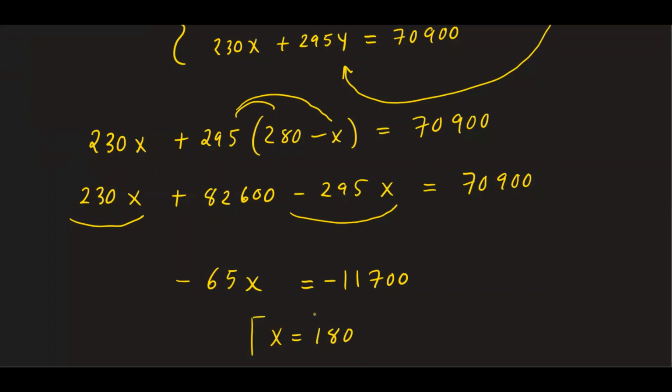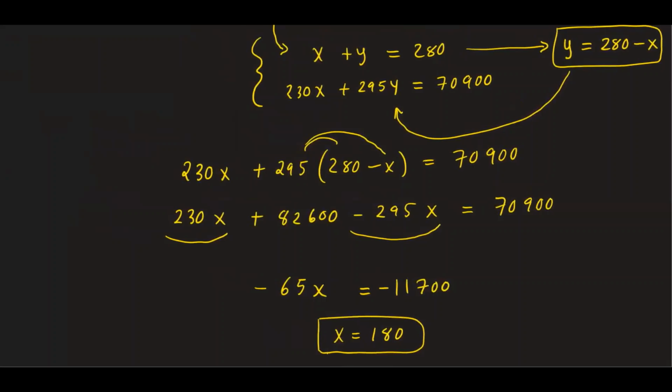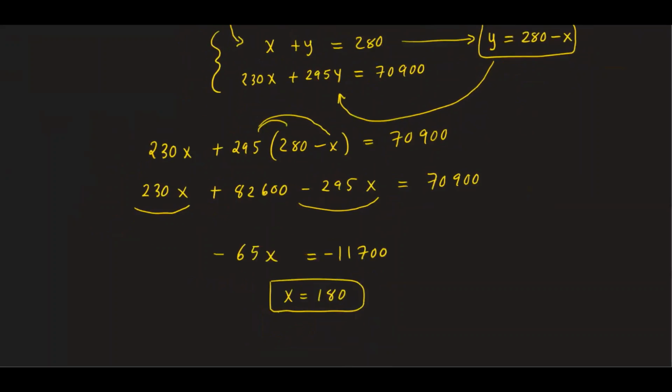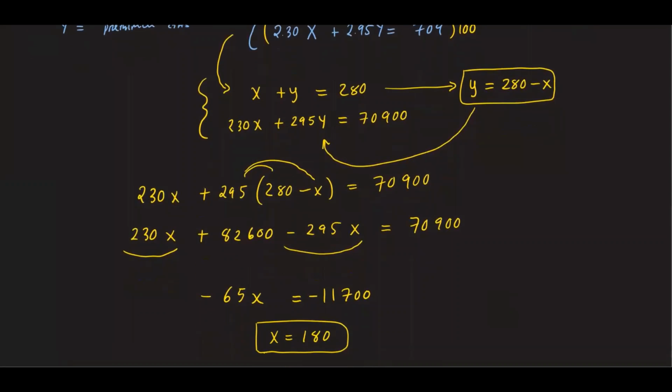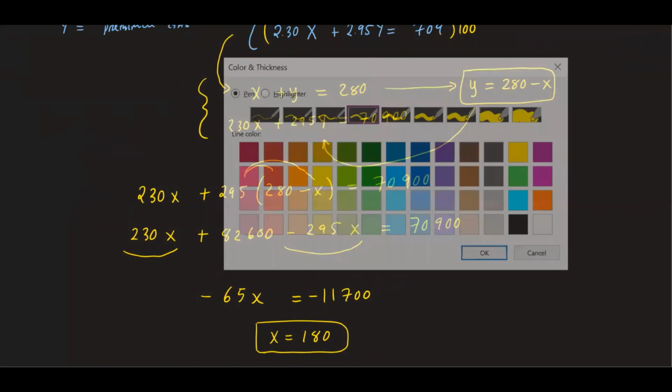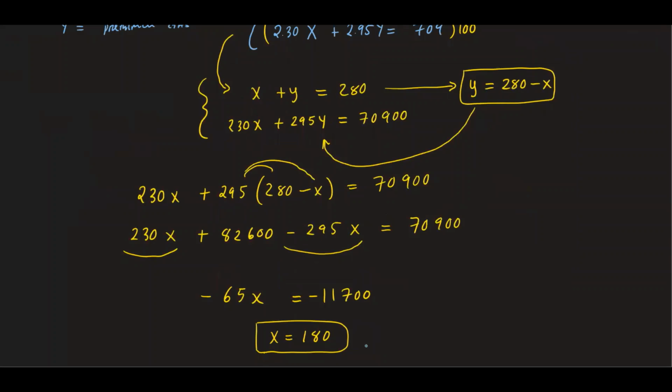Okay, so that was neat. So now that we know how many regular were sold, we can find the value for y by simply plugging it into either the original equation we created or by simply y is equal to 280 minus x. So let's go ahead and use that. So y is equal to 280 minus x, x is 180, and that will give me y is equal to 100.